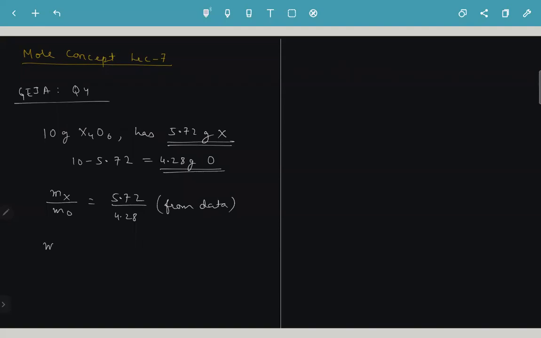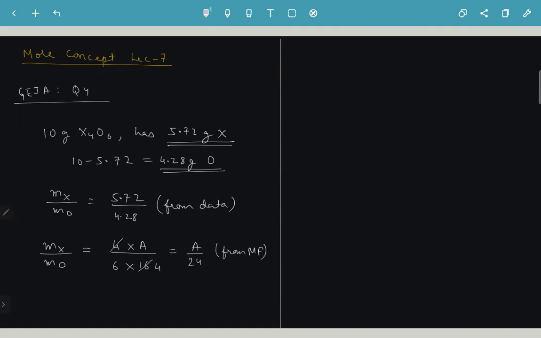And from the molecular formula, we'll get mass of X upon mass of O. There are 4 atoms of X, so 4 into its atomic mass. Suppose A, there are 6 atoms of oxygen, 6 into atomic mass of oxygen, that is 16. So this is A by 24. This is from molecular formula.